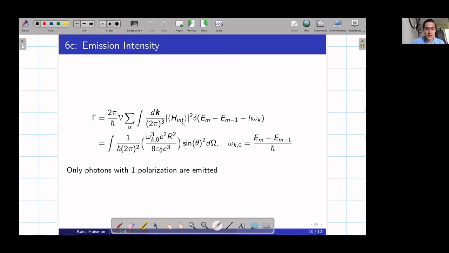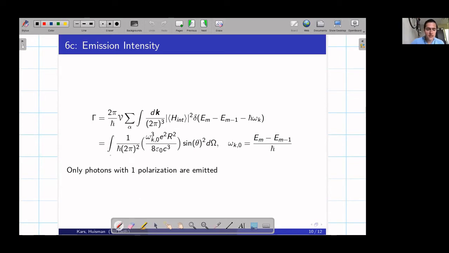So we just square this thing, the amplitude, and going from this line to the next, I use this delta function to integrate over the momentum k, and you use that omega_k is c times the wave vector k, and then you find this here.